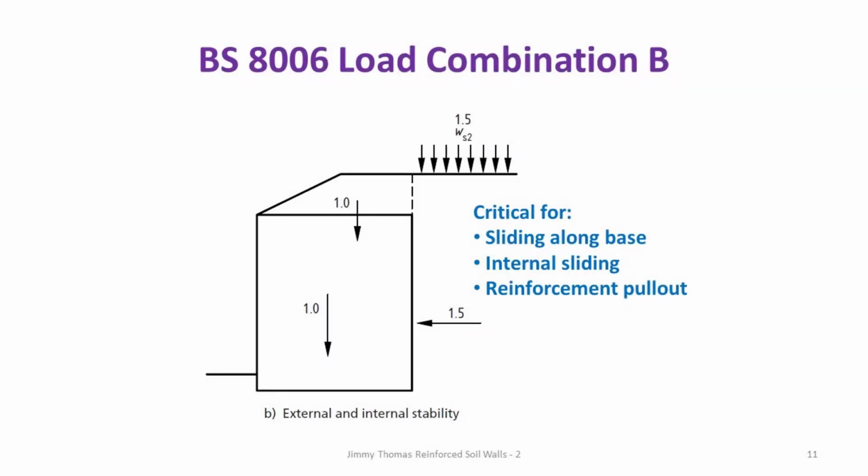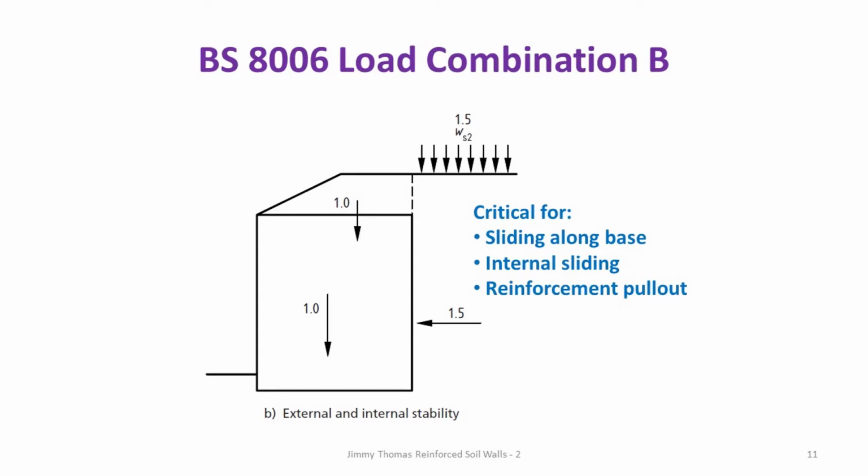If you look at load combination B, the vertical forces like self weight are multiplied by 1. Even a pavement dead load surcharge will be multiplied by 1. But behind, in the retained fill, the earth pressure is multiplied by 1.5. Similarly, live load is multiplied by 1.5. In the reinforced soil part there is no live load.